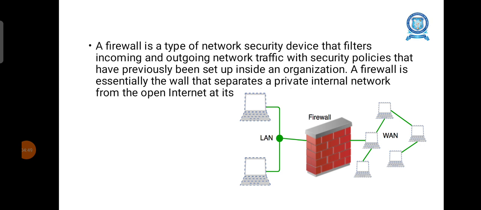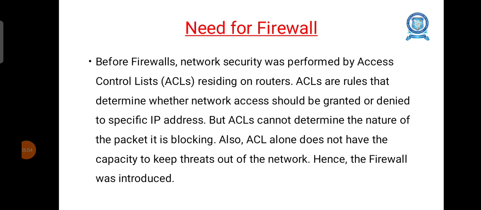Here we can see how the firewall is installed in between the outside network and the inside network, like a local area network. The firewall will protect the inside network from attacker traffic. Before using the firewall, network security was performed by access control lists residing on routers.